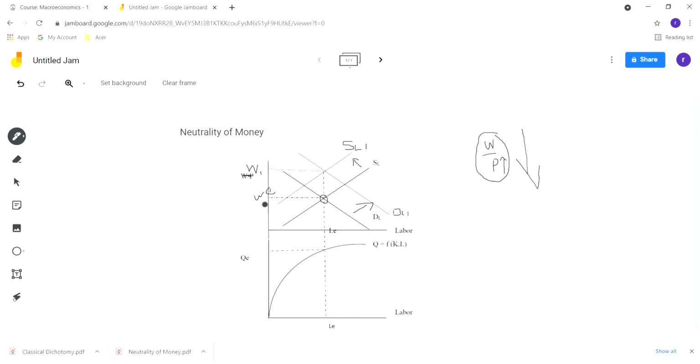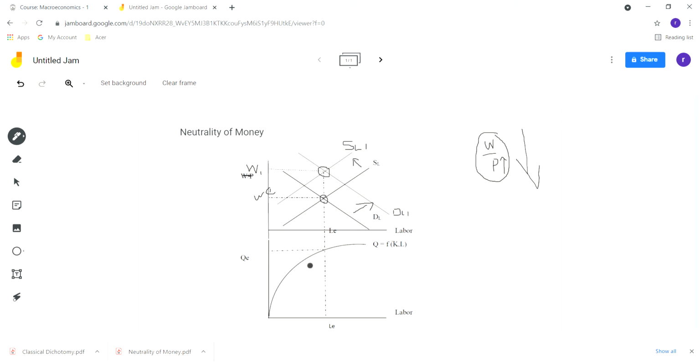Money wage rate gets increased from WE to W1, and the equilibrium will be re-established at the full employment level. Here DL1 and SL1 intersect at this point, and equilibrium will be re-established at the full employment level LE. At the LE level of employment, QE level of output will be produced.